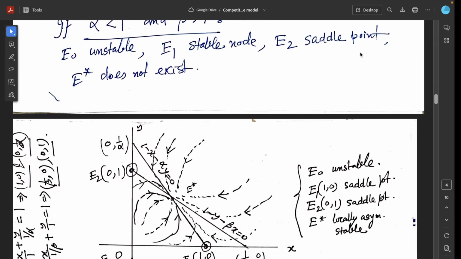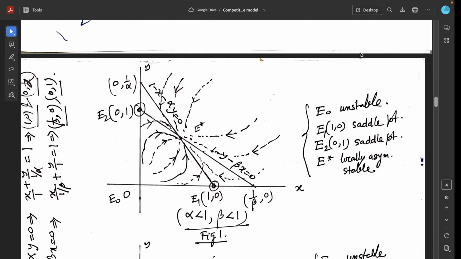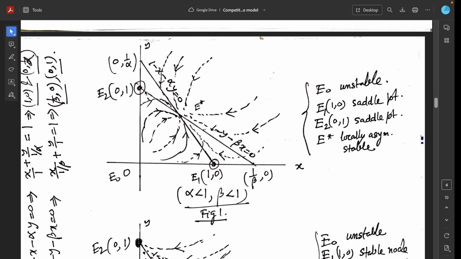Both are unstable. So we draw these two straight lines, the x-axis and the y-axis. We consider only the first quadrant because of the mathematical model. 1 minus x minus alpha y equal to 0. We write this equation as x by a plus y by b equal to 1.